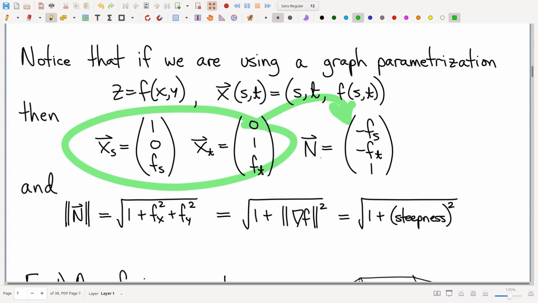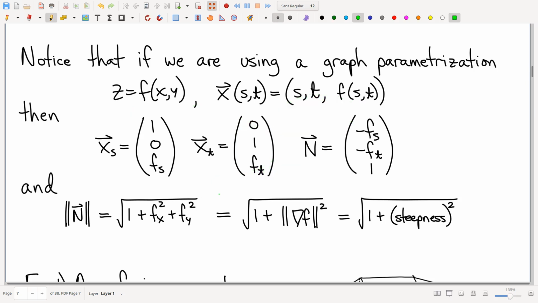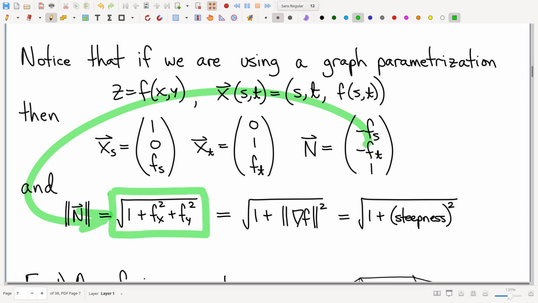It's always going to work out exactly like this, assuming you are using the graph parameterization. You can take the magnitude of that, again, assuming you're using the graph parameterization. And the magnitude, namely your stretching factor, namely the thing that we were going to have to go to the trouble of computing, it's always going to work out to be exactly this formula right here.